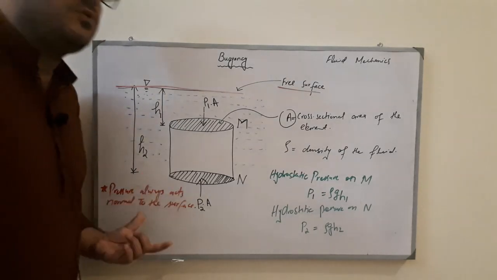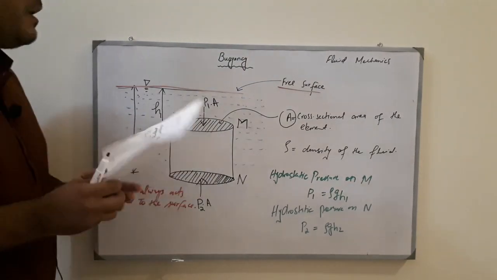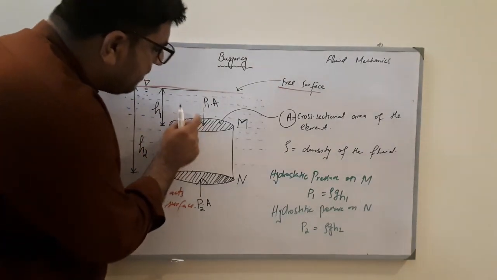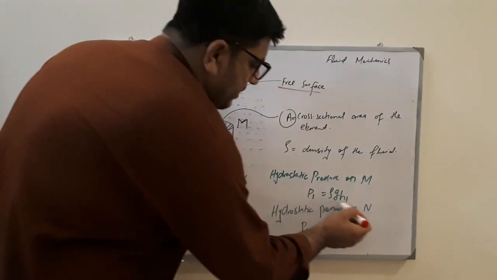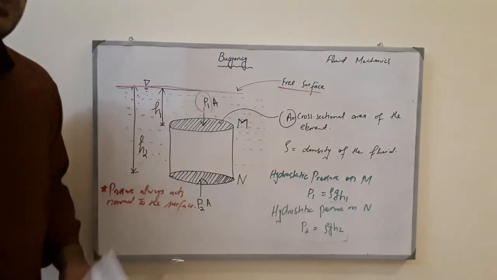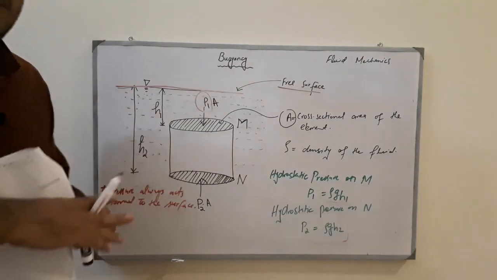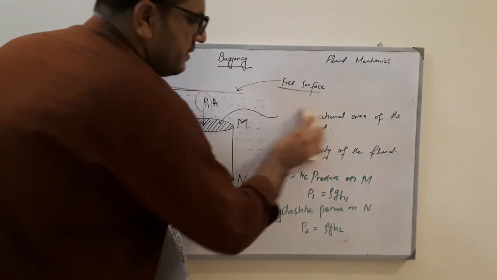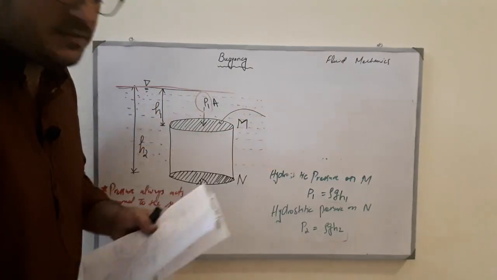The pressure always acts normally to the surface. Now by using the concept of hydrostatic pressure, P1 is equal to rho g h1, and at point N, P2 is equal to rho g h2.